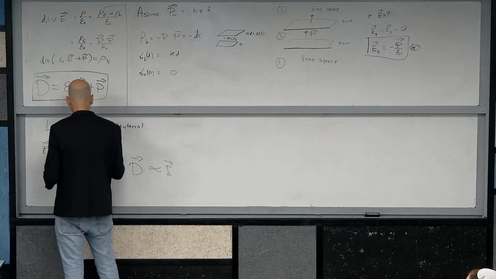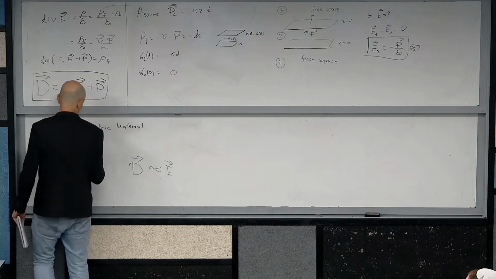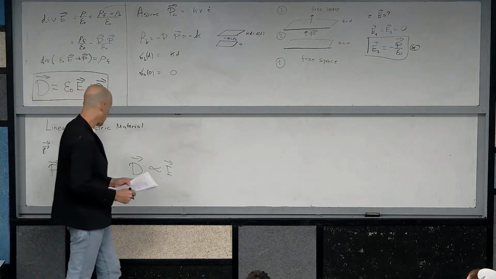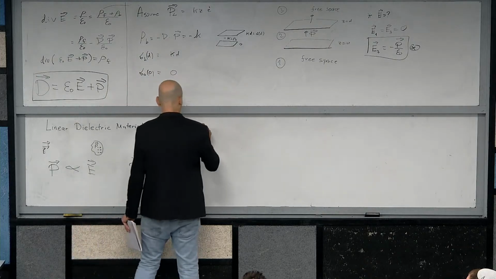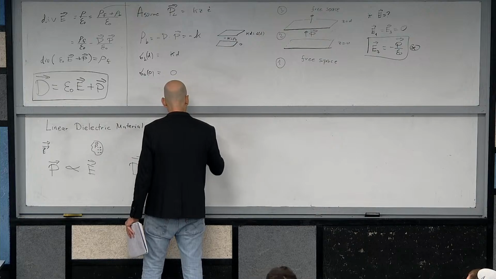So if this is the field, the convention is that the dipoles are defined from minus to plus. So this is the P. Another way to put it, let's do it again. Let's say E equals 0. We have all kinds of dipoles in all kinds of directions. Let's plot it like that.